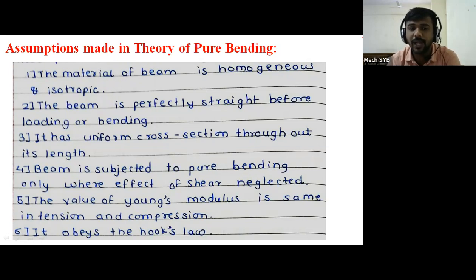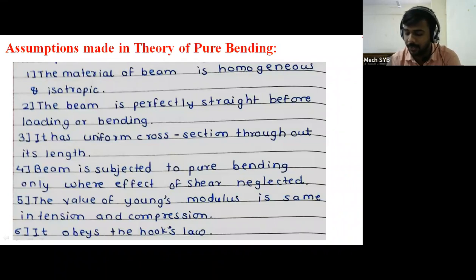So these are the 4 standard cases based on which we have to solve the numericals, or for these 4 standard cases only we are going to calculate the bending stresses. So we are not going to calculate for any overhanging beam, continuous beam, fixed beam. Only these 2 beams are there, and in that these 4 cases are there, that is the beam is subjected to the point load and the beam is subjected to the UDL.